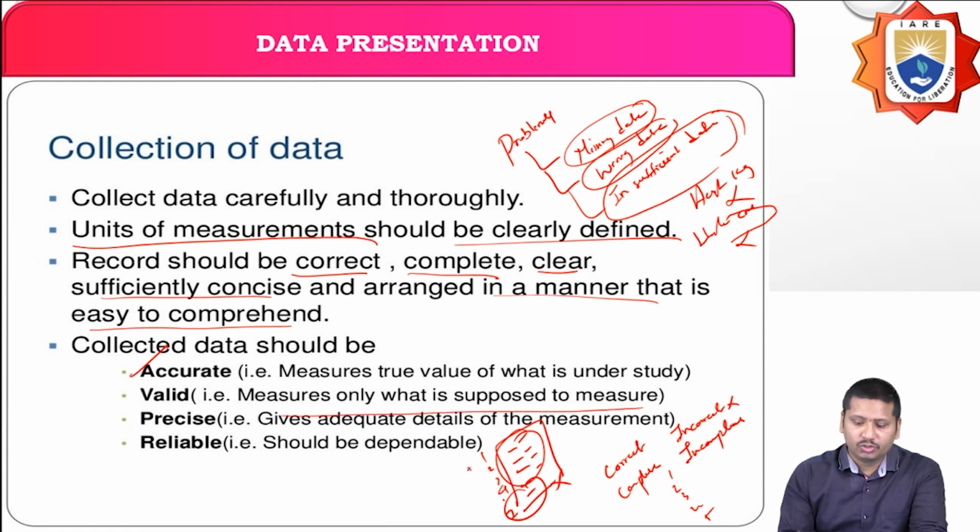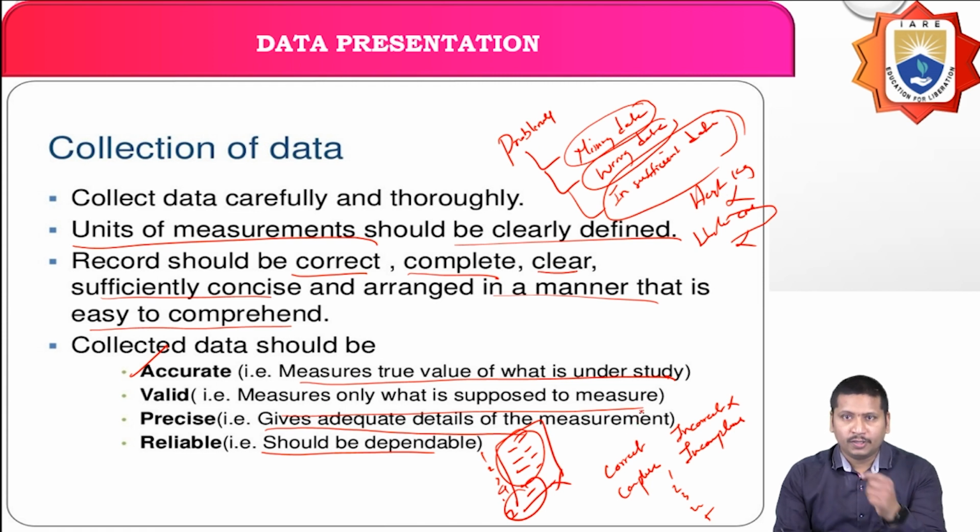Precise means it should give adequate details of measurement. And reliable means it should be dependable.